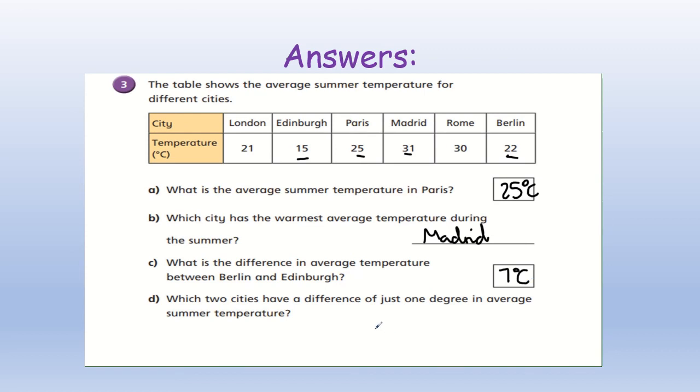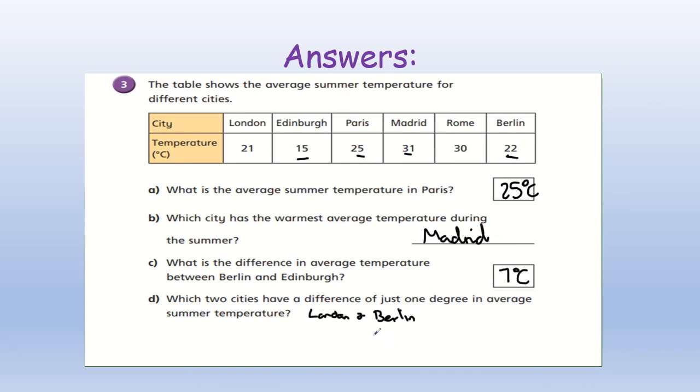And question 2. Which two cities have a difference of just 1 degree? Well, there's two possible answers here. You could have London and Berlin. We've got 21 and 22. So that could get you a mark.